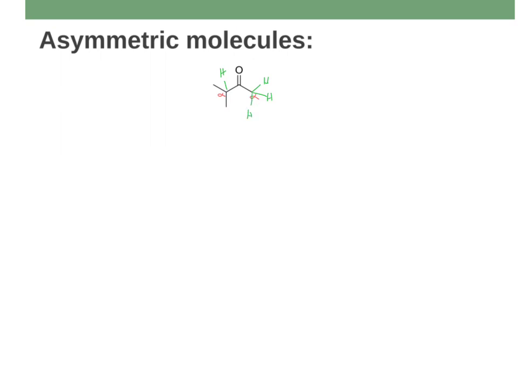So it's going to make a difference if I pluck one off from the left-hand side or the right-hand side. I can imagine a base, some generic base, taking off one of those alpha hydrogens on the left-hand side, for example. That would give me an enolate where I have that anion on that isopropyl-looking group. And I'll draw the resonance contributor.